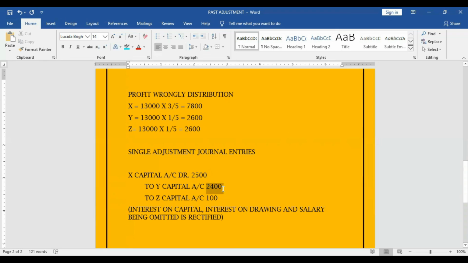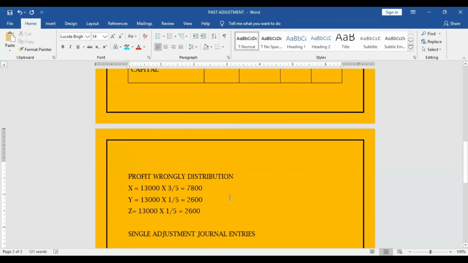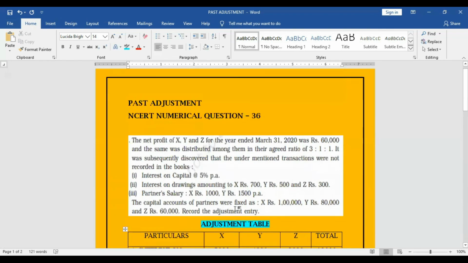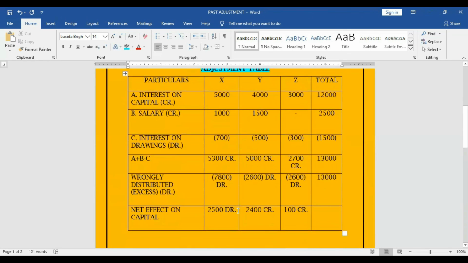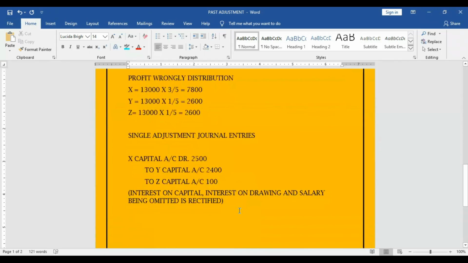Now it is rectified by crediting his capital account 2,400. And Z was short credited by 100, that also is credited. So whenever you want to prepare a past adjustment, make an adjustment table, then the past adjustment journal entry.